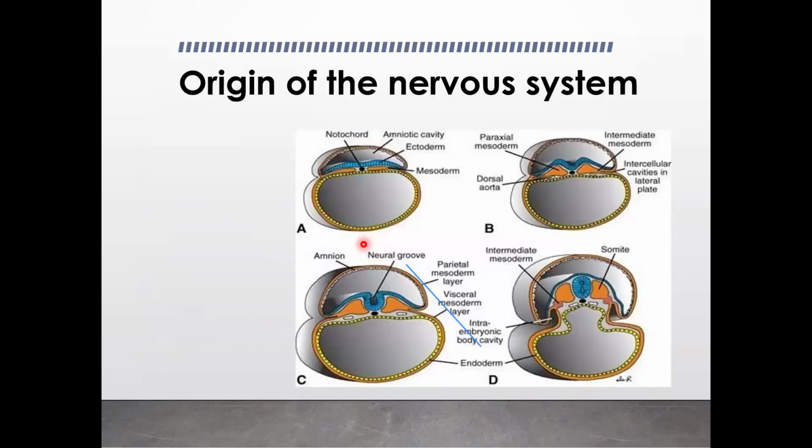So I'll take us to the three germ layers. Maybe someone can put in the chat box how many germ layers there are, and what are the derivatives of the ectoderm that you know? You can put it in the chat box meanwhile, to make the discussion interactive.